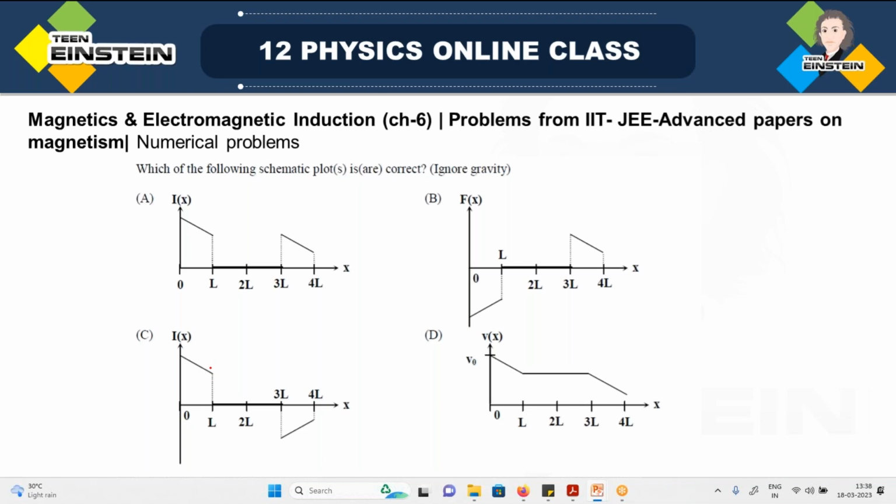So it looks like this. And in between L to 3L, there will be constant voltage. There will be no, zero voltage. That is also true. And thereafter, from 3L to 4L, the EMF will be decreasing. So this is also true. So we see C and D are true.